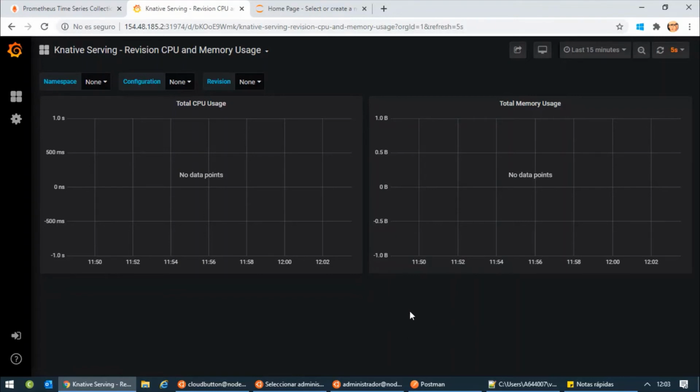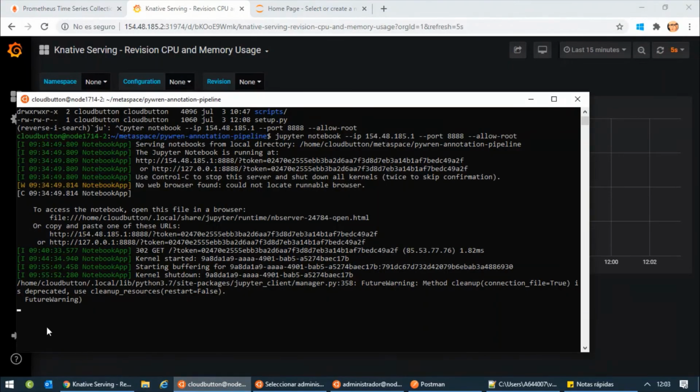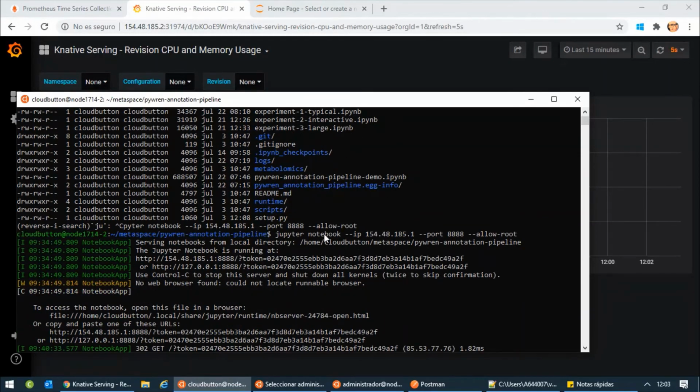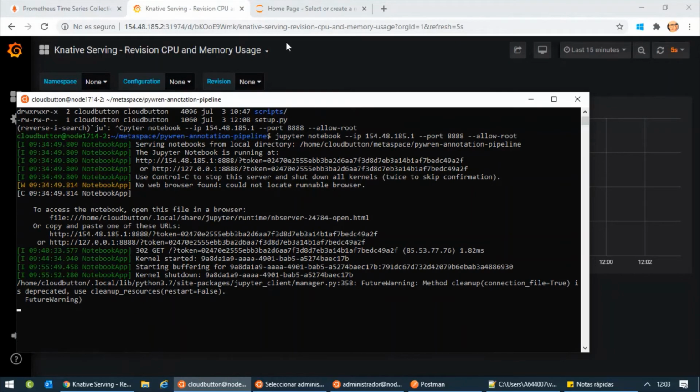To run this process, we are going to use the Metaspace use case. We have a Metaspace Pyron annotation pipeline installed on node 2 of the testbed. We will run the Jupyter notebook to have access to the different experiments and run them.